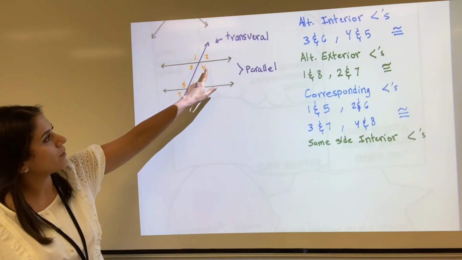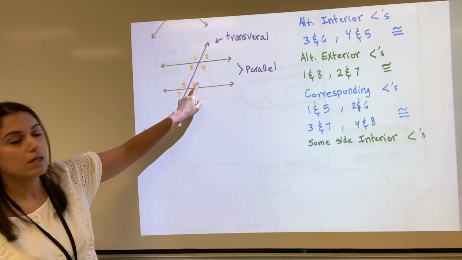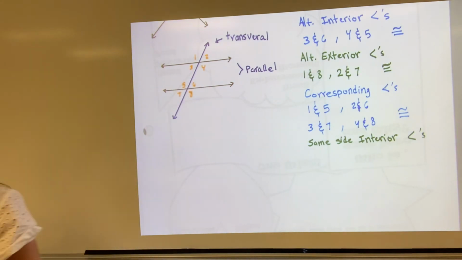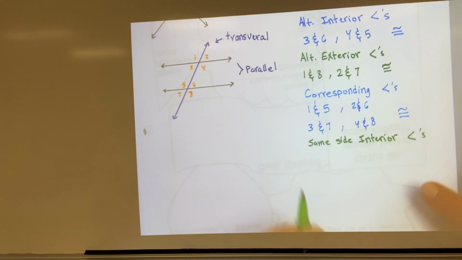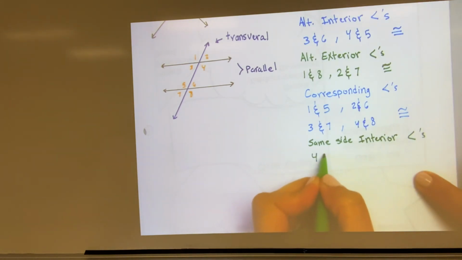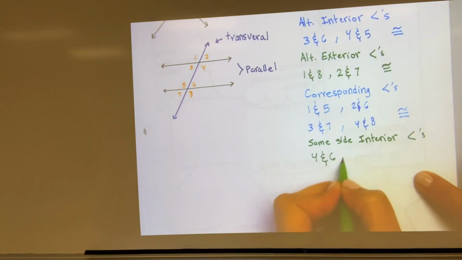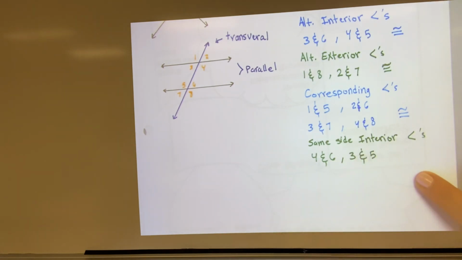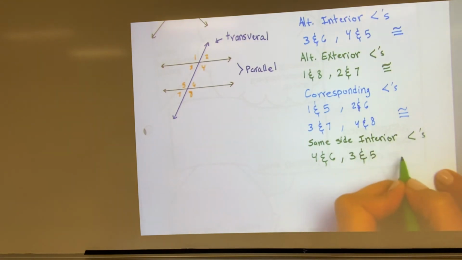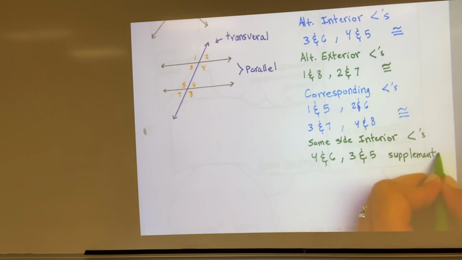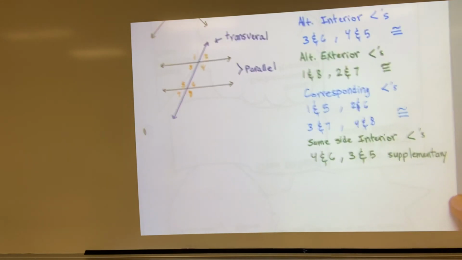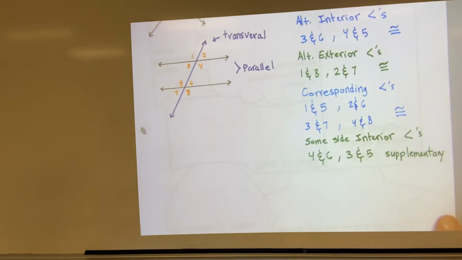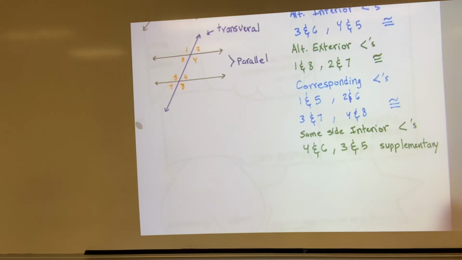So here we have angles 4 and 6 and angles 3 and 5. And these angles are supplementary, which means they add up to 180 degrees.